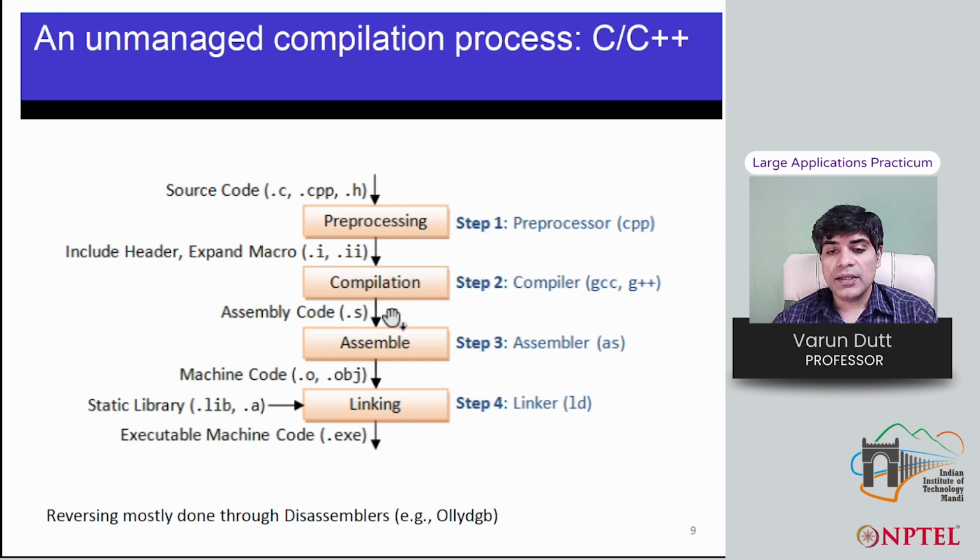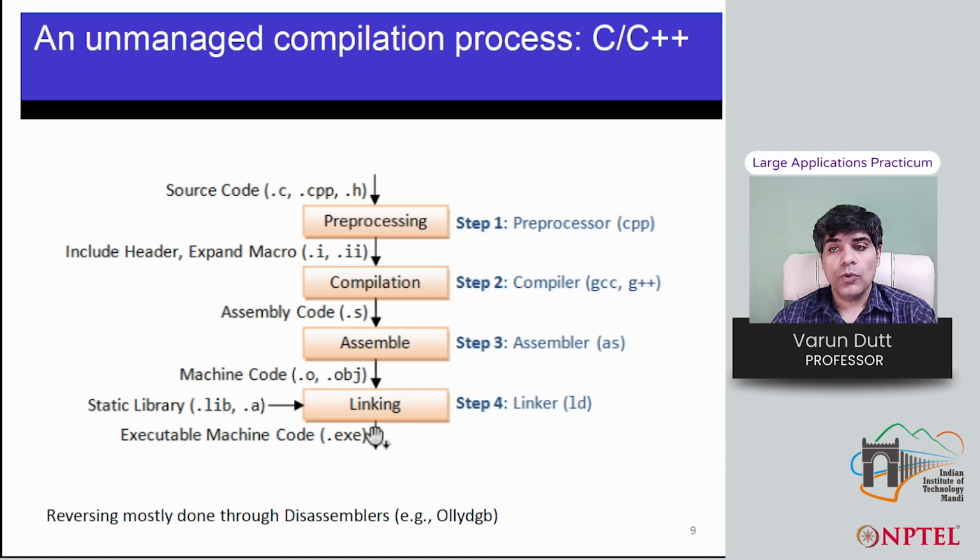So the idea is that these steps are hardware dependent, also microprocessor dependent and OS dependent, and therefore when we get an executable file, it is an unmanaged process and we can only go to the assembly level code from the executable one level up.